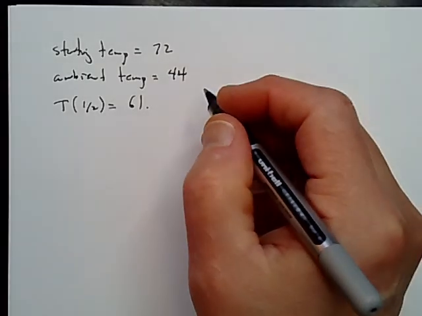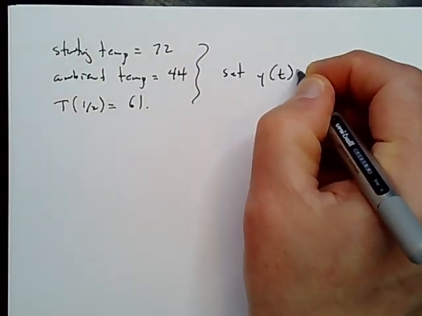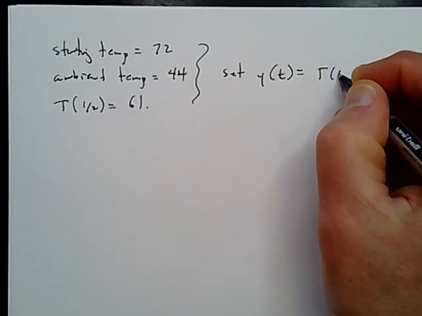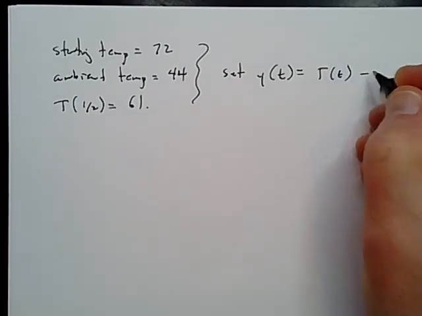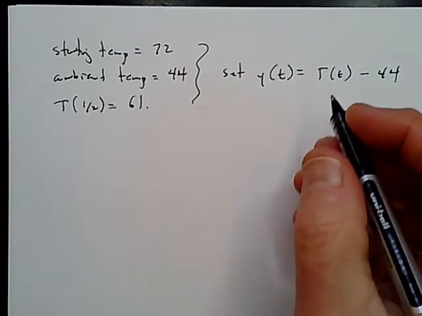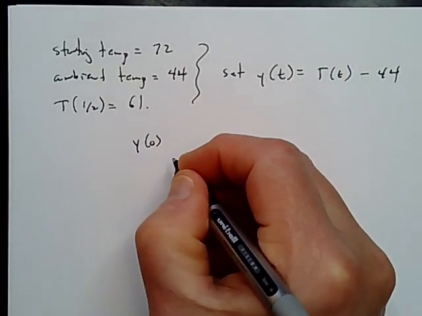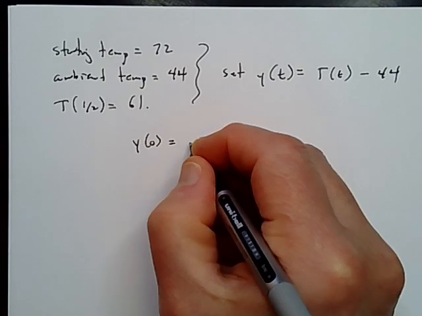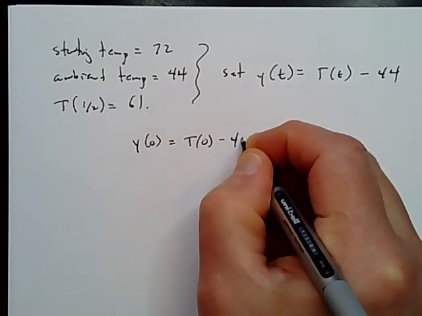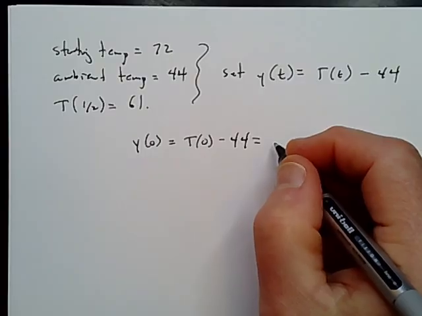Okay, so we set y to be capital T, the temperature of the iced tea, minus 44 at time t. Then what we've got, of course, is that y0 is capital T of 0 minus 44. So that's just simply, let's see, what is 72 minus 44, 28.